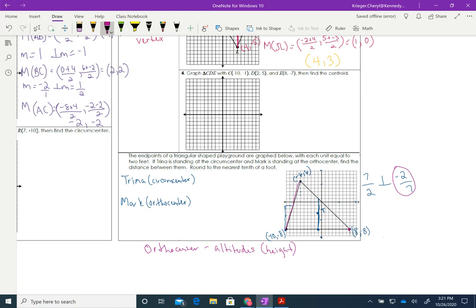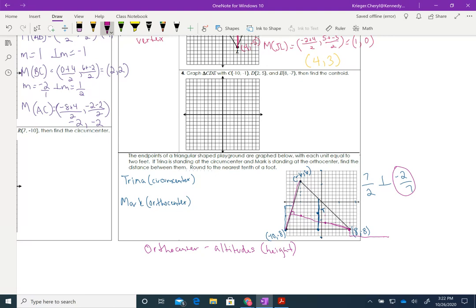If we're going down 2 over 7, that's the same thing as going up 2, back 7. 1, 2, 3, 4, 5, 6, 7. Okay, so we'll do it again. Up 2, back 7. 1, 2, 3, 4, 5, 6, 7. All right, so this is my, oops. And again, please use a ruler.